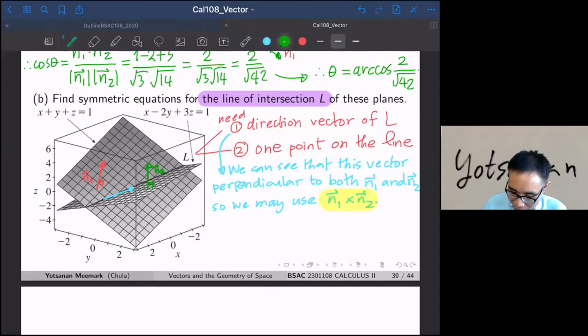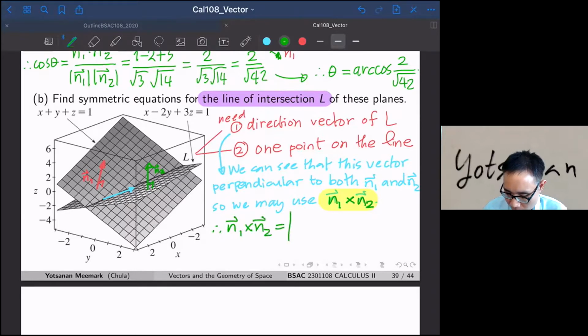So n1 and n2. We may use n1 cross n2. So after we know that, we're going to have to find n1 cross n2.